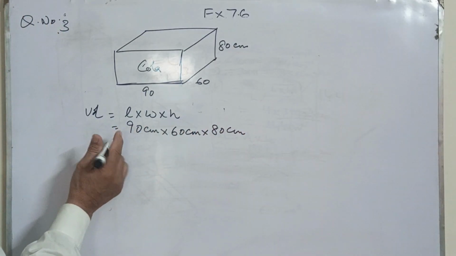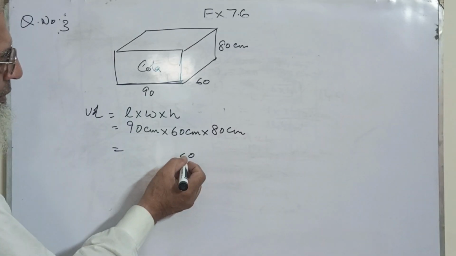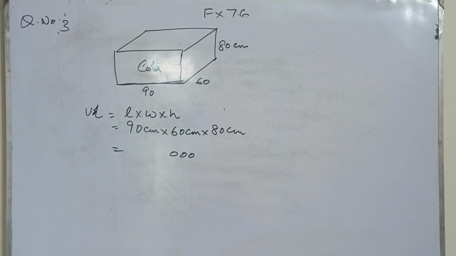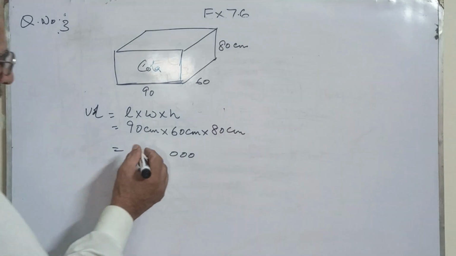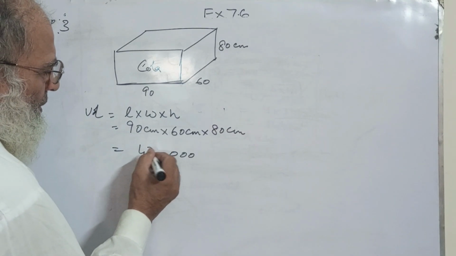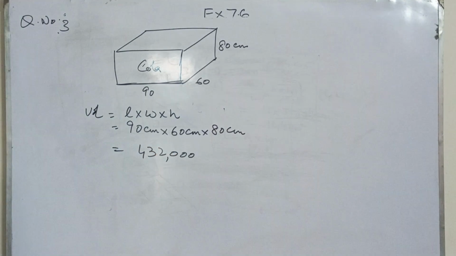So 1, 2, 3 zeros. 8 sixes are 48. So better to do it with calculator. 9 multiplied by 6 multiplied by 8.